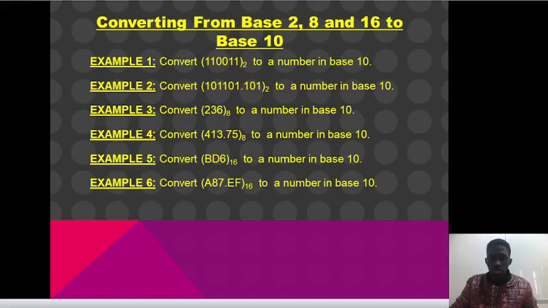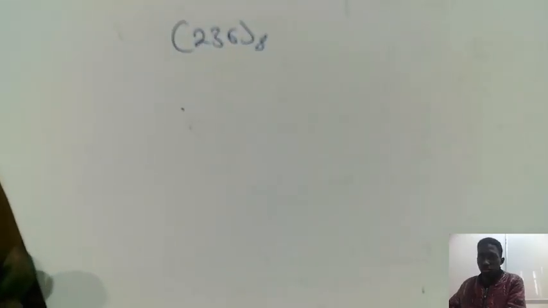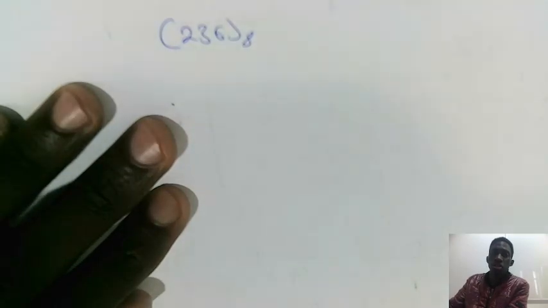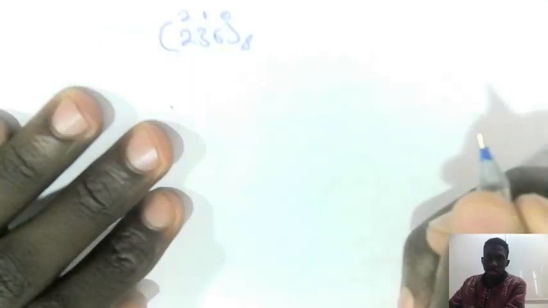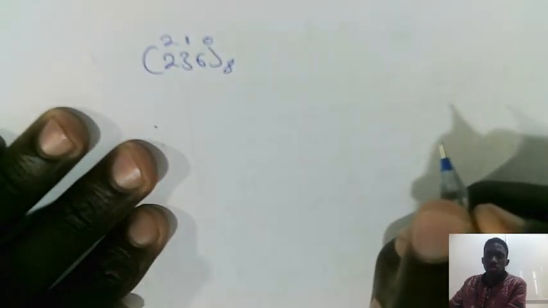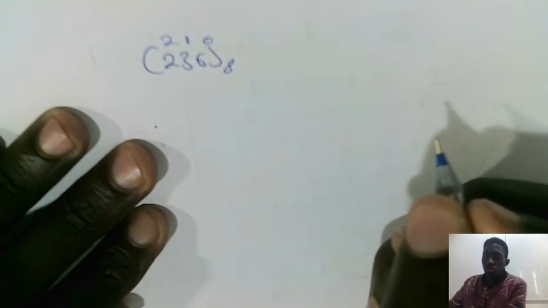In base 8. Converting this to base 10, we're going to use the same method we used for base 2, whereby we number each digit in this manner: 0, 1, 2.